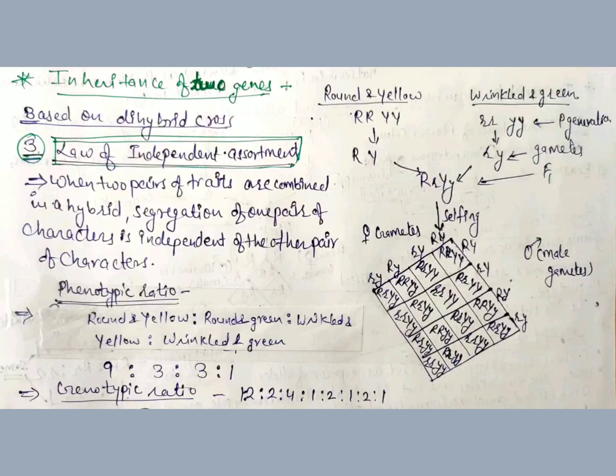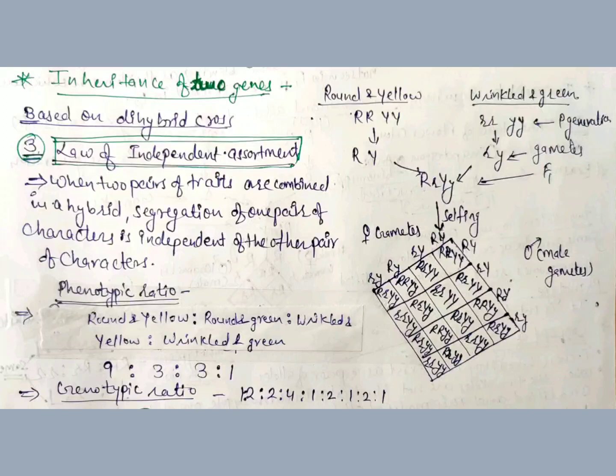Therefore, 50% of small r bearing gametes have capital Y and the other 50% have small y. Similarly, 50% of capital R bearing gametes have capital Y and the other 50% have small y. Thus, there are four genotypes of gametes: capital RY, capital Ry, small rY, small ry, with a frequency of 25% each.